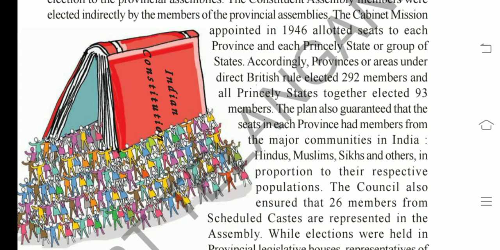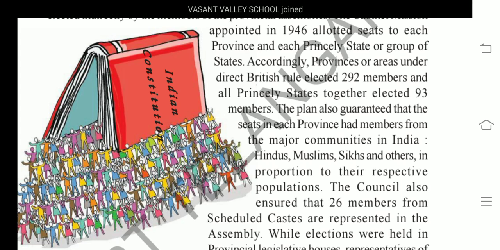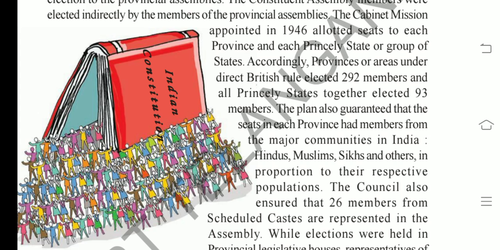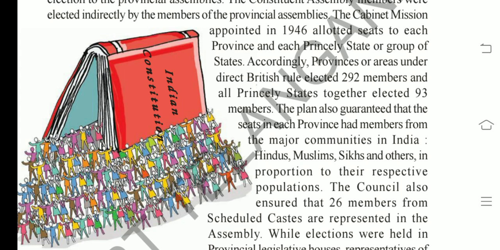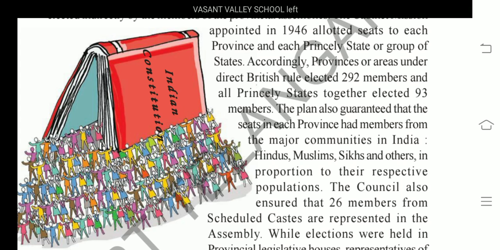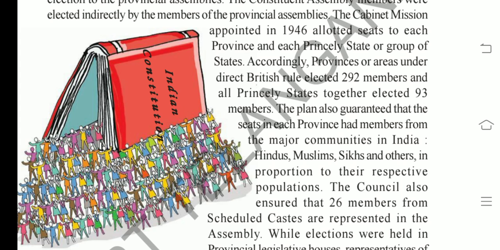That is, provinces had members from the major communities of India. That means Hindus, Muslims, Sikhs are some major communities. From there, we find members to the Constituent Assembly. According to the population of every community, seats are reserved in the Constituent Assembly.